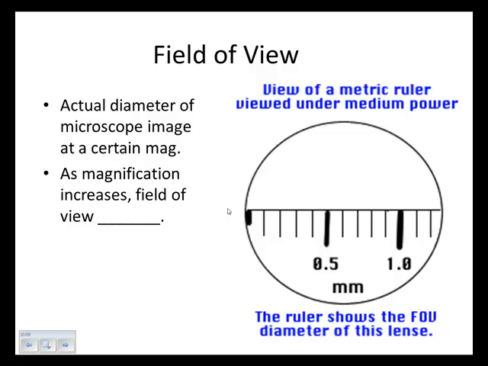Right? It gets larger or smaller? Smaller is correct, right? If I double the magnification, how much smaller do you expect the field of view to become? Should, theoretically at least, become half. Hopefully next week we can do a little measuring of that and confirm that. But you get the idea, right?